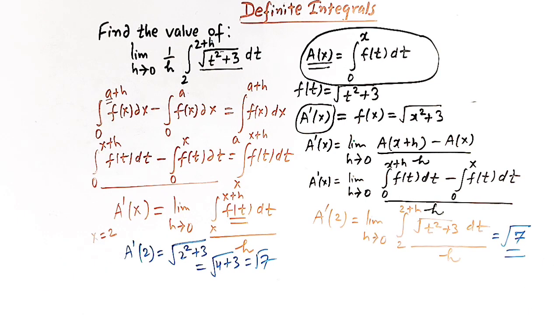So viewers, this is how by making use of the concept of the fundamental theorem of integral calculus, we can find out the values of these kinds of expressions using all these conceptual steps.